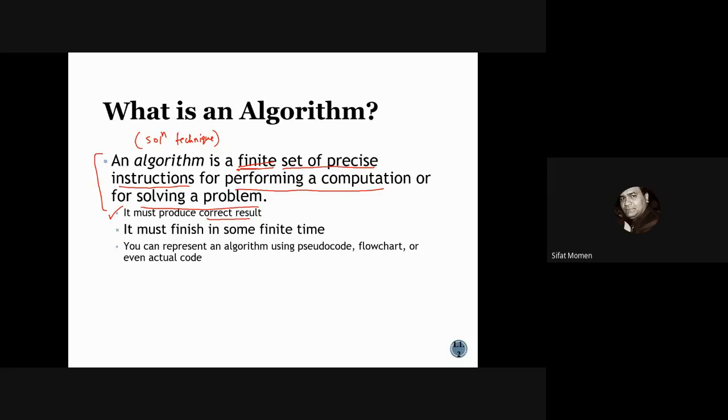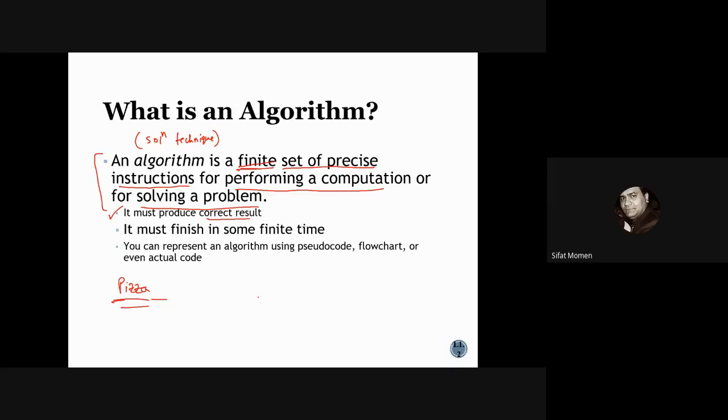A good example of an algorithm could be if you want to cook something. Let's say you want to make pizza, and you have no clue of how to make a pizza. So what you do is you open up a recipe, right, Nakina? And what does a recipe contain?